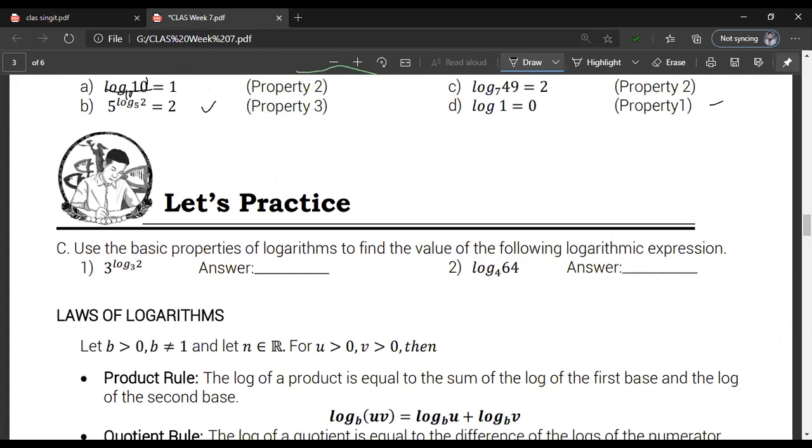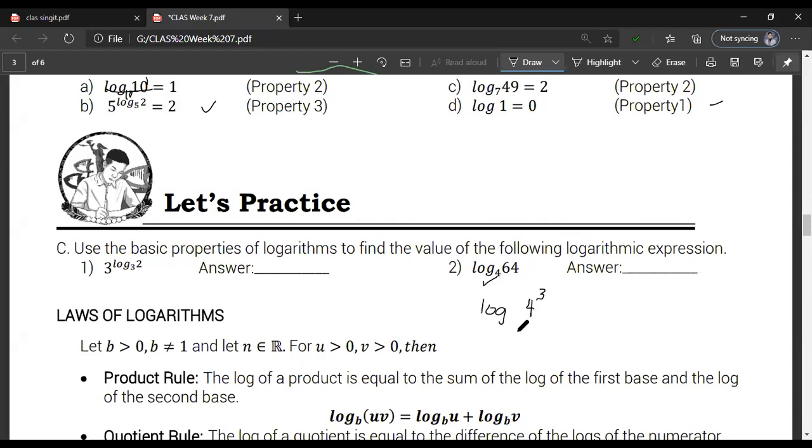So, let's practice. Sige, ito na lang. Number 2. Logarithm of 64 with the base 4. Si 64 class, kung i-check nyo dun sa power table natin, 64 is 4 cube.